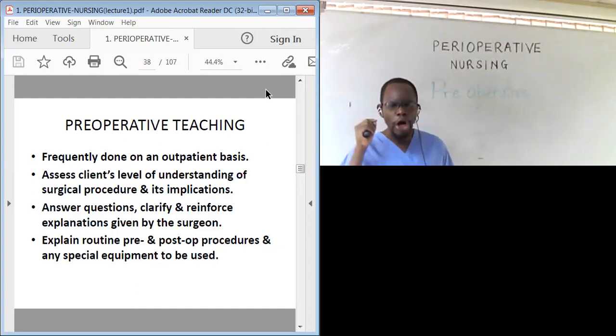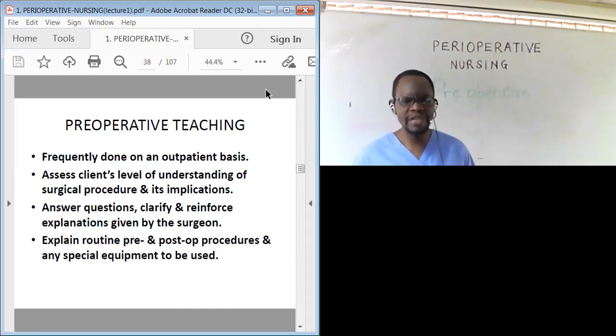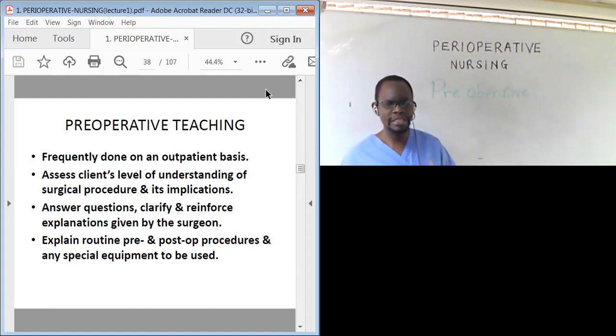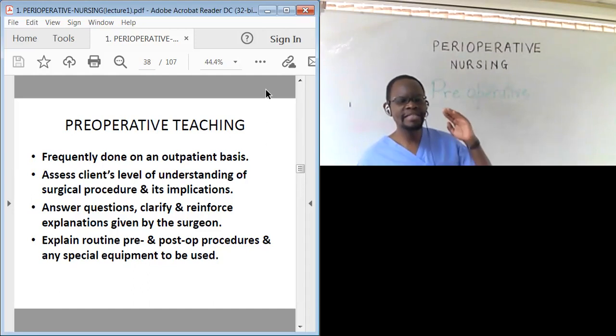Do not wait until the day of admission for surgery to start teaching the patient. If there is opportunity, especially with elective surgery, then the preoperative teaching should start as early as possible.